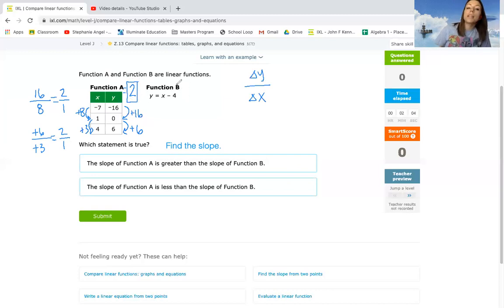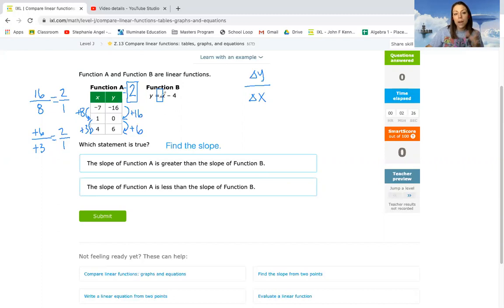Now function B should be a little bit easier because we're actually given the linear function and it is in slope-intercept form. So remember, when you're given a function in slope-intercept form, the slope is just the multiplier of x. Now, I hope you're looking at that going, wait a minute, there is no multiplier of x, there's nothing there. So the common mistake here is to think that this is 0.